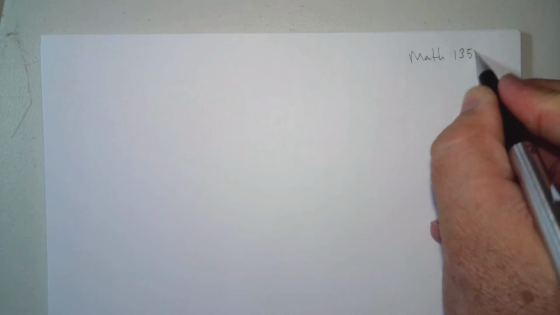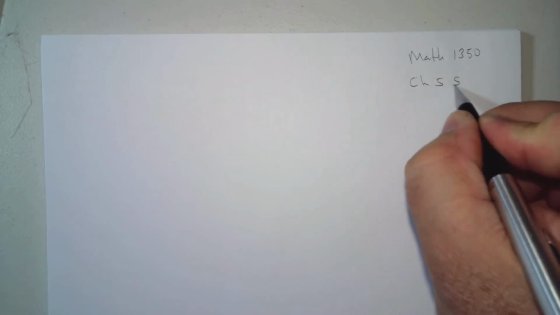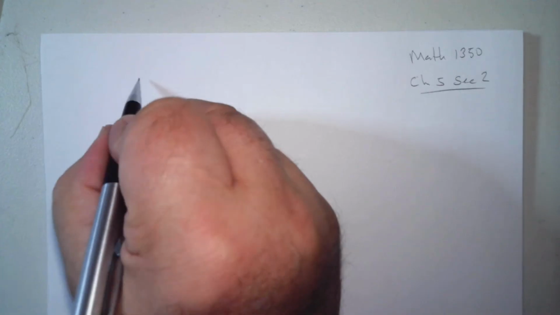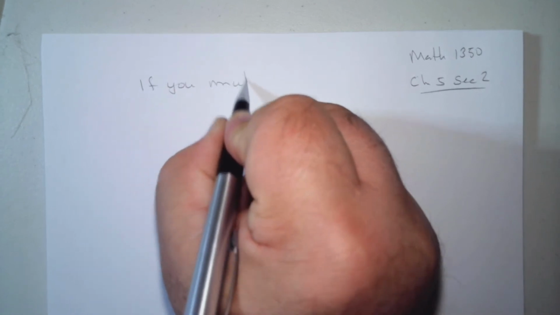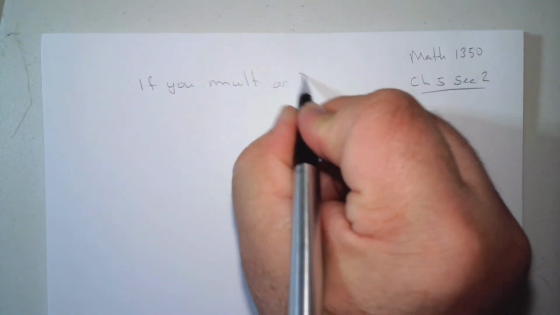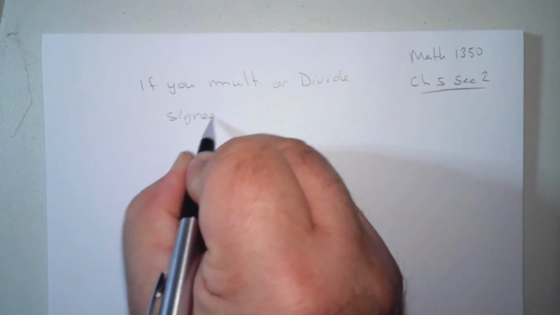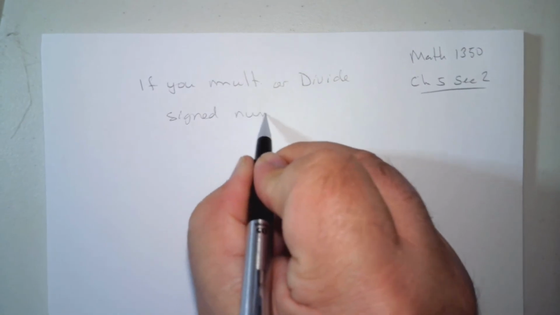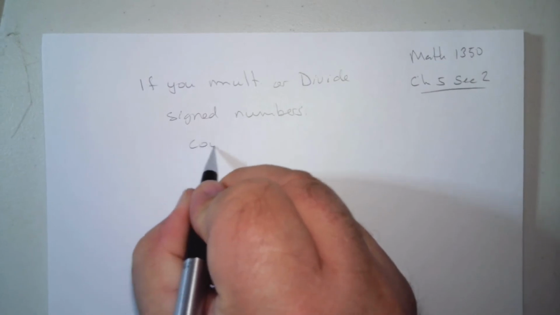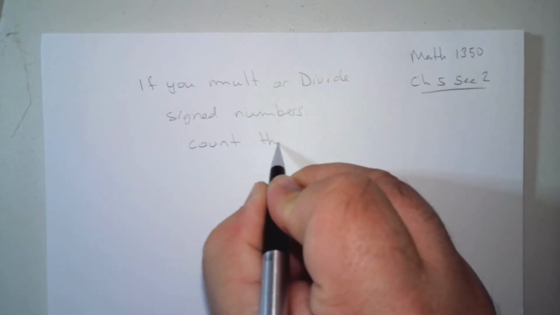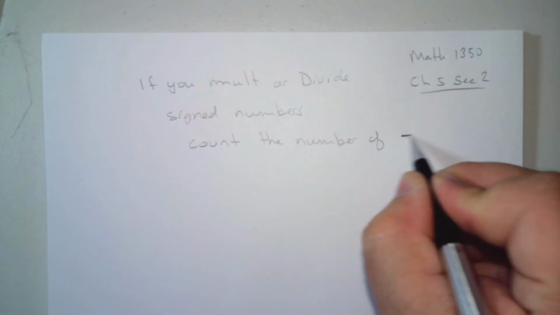Math 1350, Chapter 5, Section 2. If you multiply or divide signed numbers, count the number of negative signs.